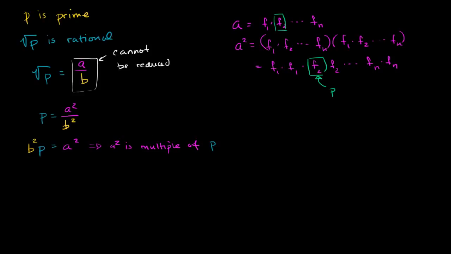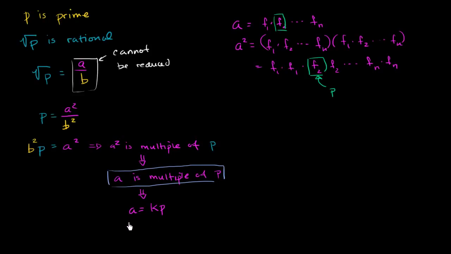So this allows us to deduce that a is a multiple of p, or another way of saying that is that we can represent a as being some integer times p. Now, why is that interesting? And actually, let me box this off because we're going to reuse this part later.